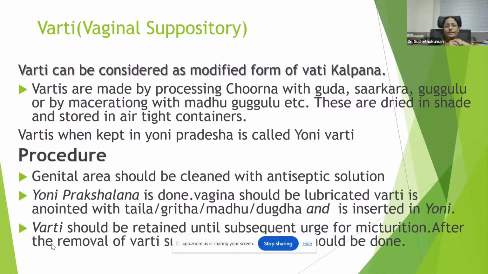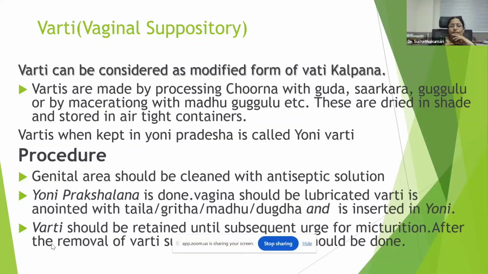Vartis, when kept in the Yoni Pradesha, are called Yoni Vartis. Here also, in the procedure, the genital area is cleaned with an antiseptic solution. Yoni Prakshalana is done. Then the vagina is lubricated, and the Varti also should be lubricated with Taila, Ghrita, Madhu or Dugdha, and inserted into the yoni.